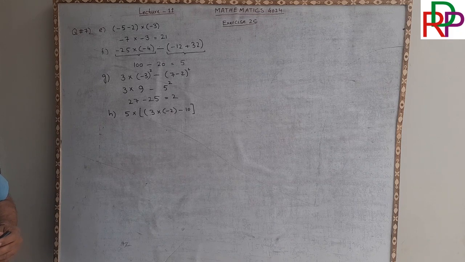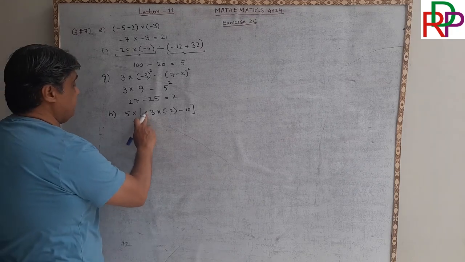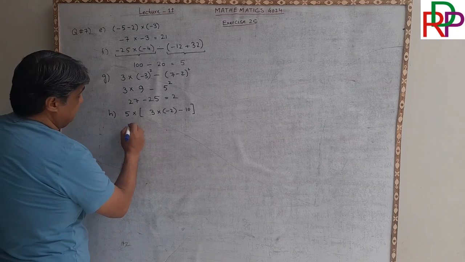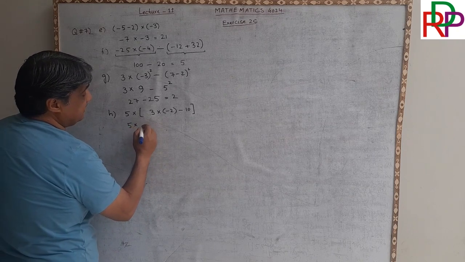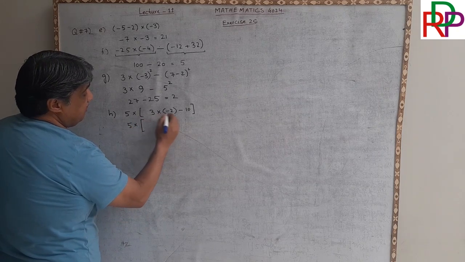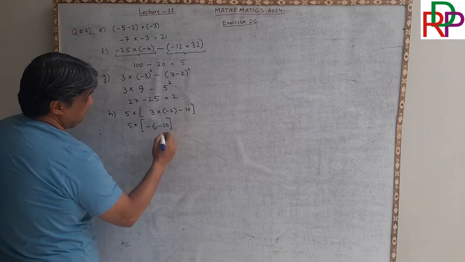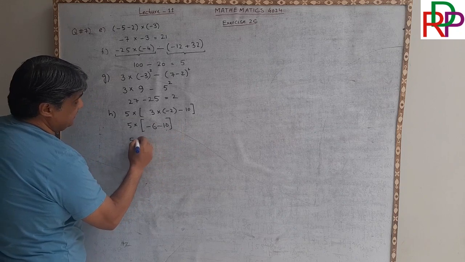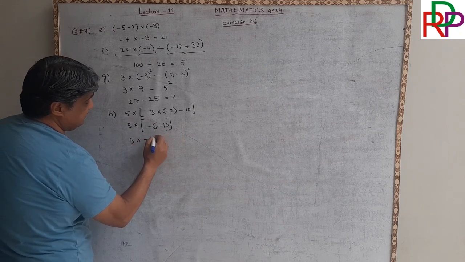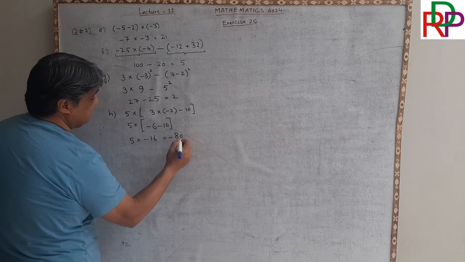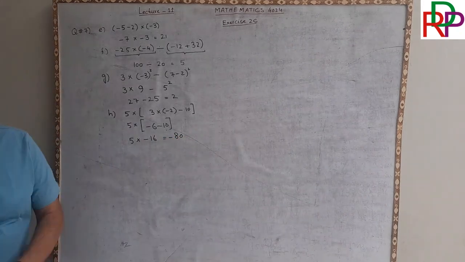There is no parenthesis here. Okay, 5 multiplied by minus 6 minus 10. So 5 multiplied by minus 16, and that is minus 80, the answer.